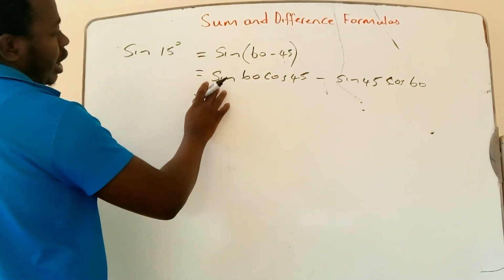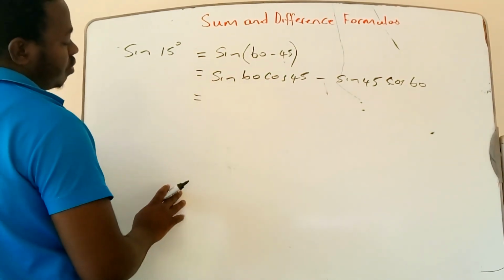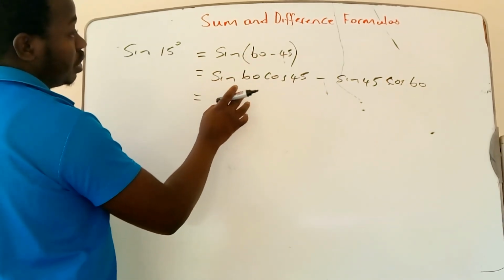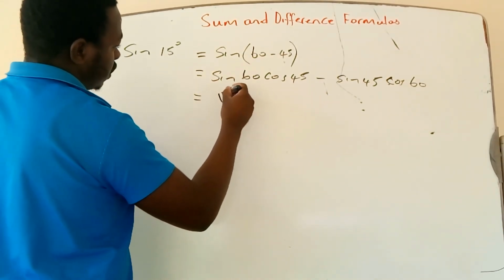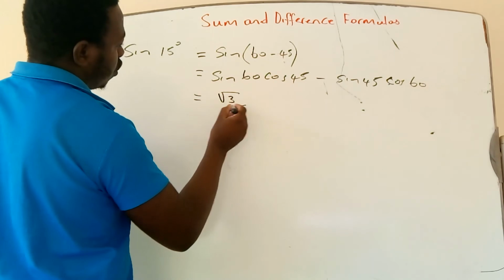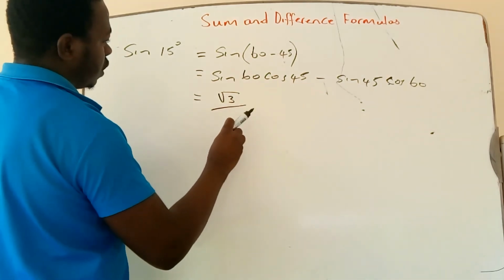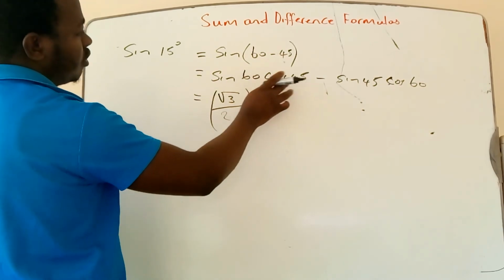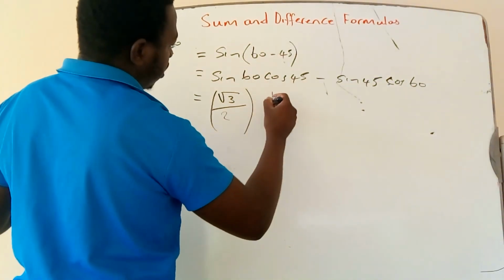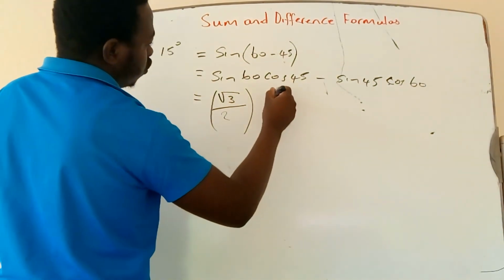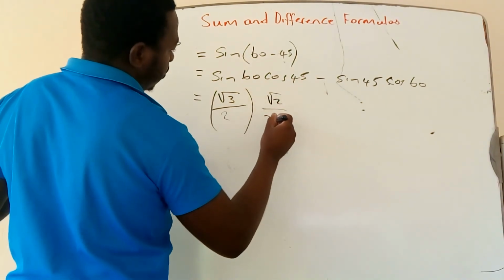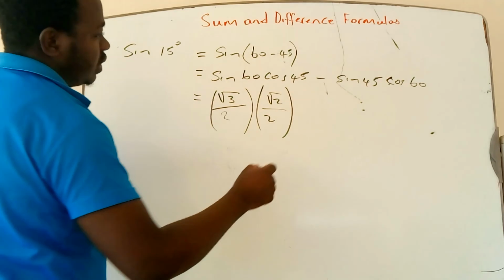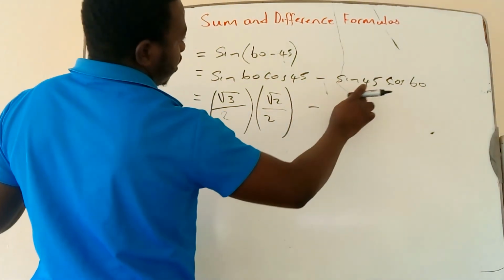Do you know what sine 60 is? Yes, you know. Sine 60 is just root 3 over 2, multiplied by cos 45. What's cos 45? That's just root 2 over 2. Alright? What about sine 45 here?